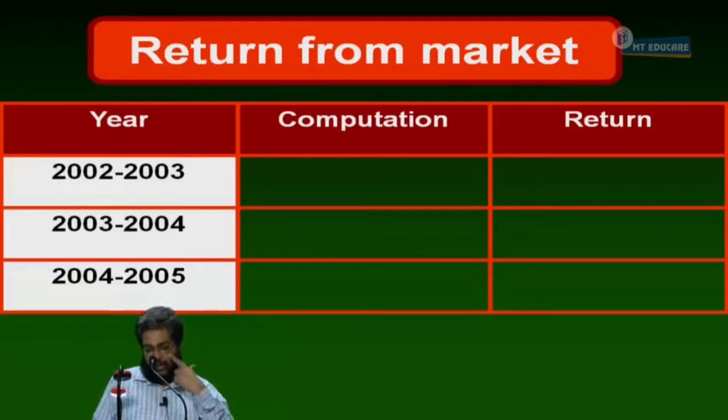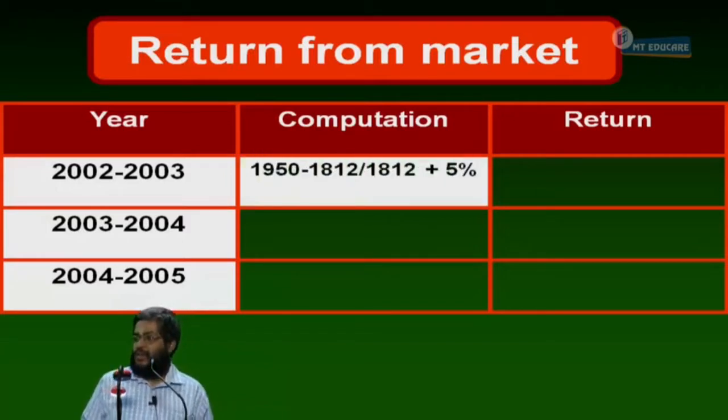Remember, right? Now tell me, first year, how to compute? 1950 minus 1812, divided by 1812, plus how much percent? 5%. Right or not?